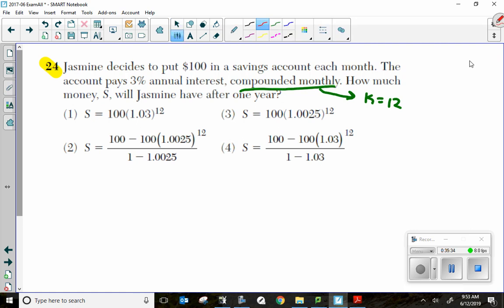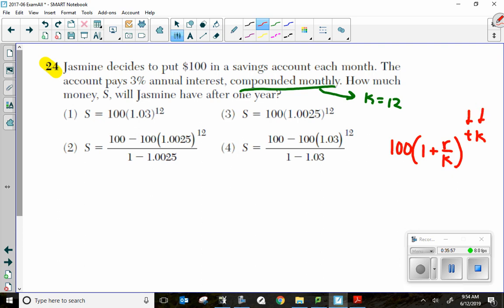Now, first of all, if you're really bored, you can just add up all this money yourself and figure it out. But you could say to yourself, all right, here we go. I have 100 as my initial amount. It's 1 plus my rate over K, times tK, where t is time in years.